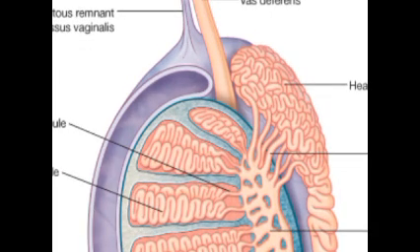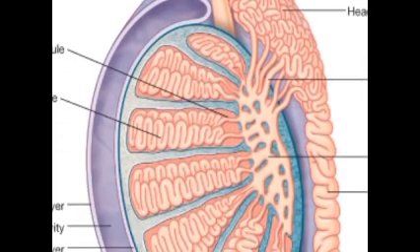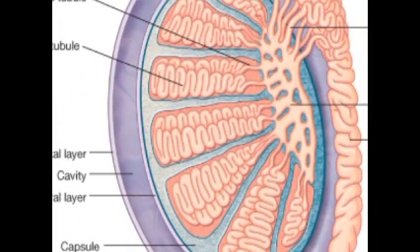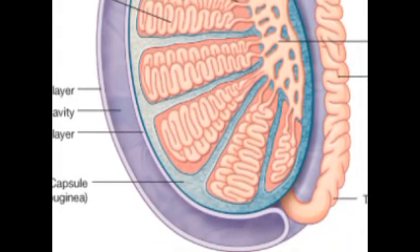Ligamentous remnant of processus vaginalis, straight tubule, seminiferous tubule, tunica vaginalis, parietal layer and cavity, visceral layer, capsule or tunica albuginea.